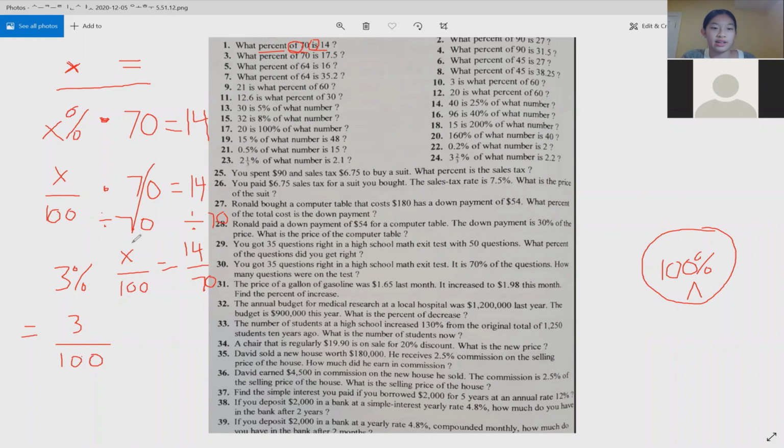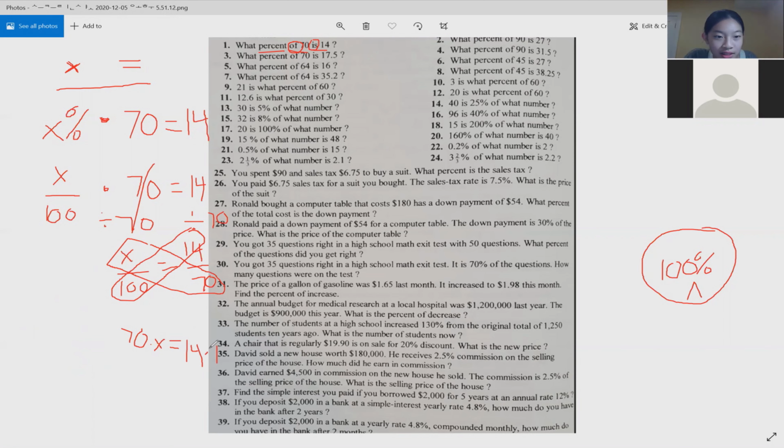I don't know if you've heard of this before, but you probably did: cross multiplication, which is like a cross. Then we have 70 times x equals 14 times 100. So 70x equals 14 times 100, which is 1,400.